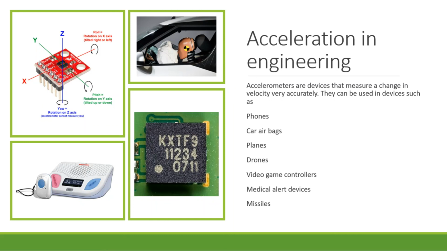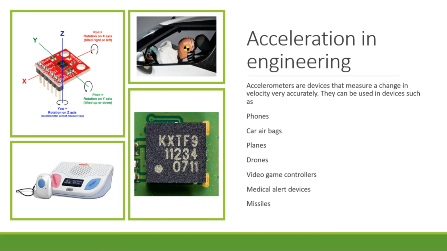So that was then recorded as an impact. Then that circuit, that accelerometer, would set off an airbag. Planes and drones use the same thing. If you start to pitch or roll or change your velocity or your rotation in one direction, that would be signaled. So all drones that have self-leveling have some kind of accelerometer that allows you to measure that rotation.